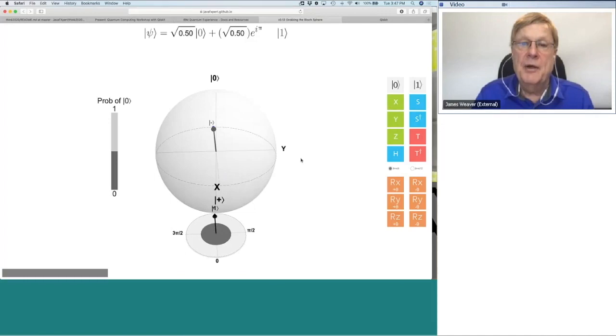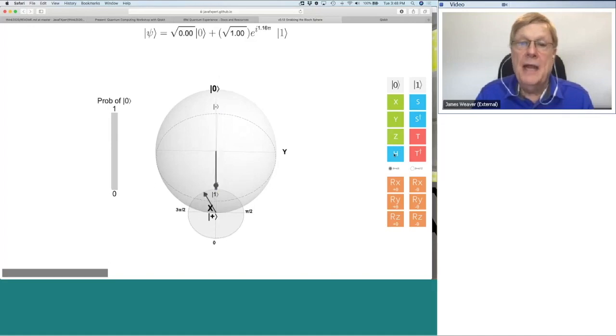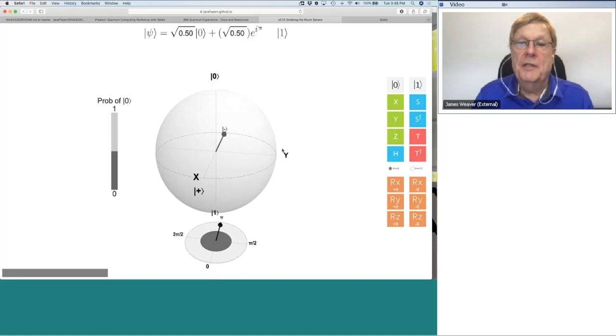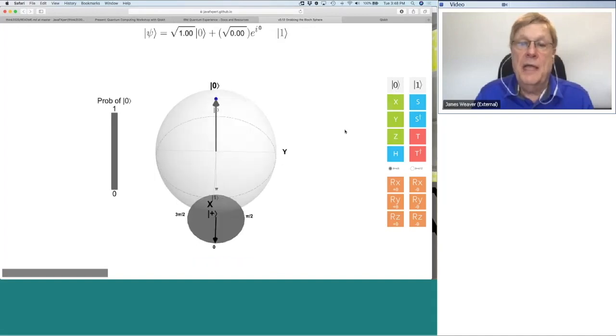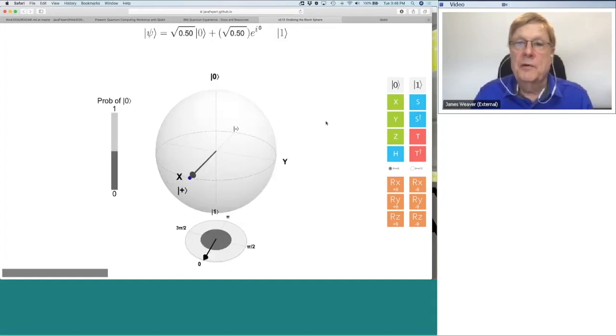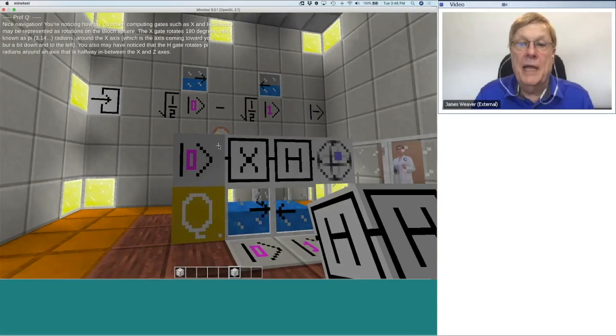Now, what a Hadamard gate does, if I look straight down into this Bloch sphere, is rotate on that axis that's a bisection of the X and the Z axes. So if I started out here, it's going to end up here at the bottom. If I started out here at the top, it's going to end up here on the plus. Right? And so that's how we got to the back of the Bloch sphere.